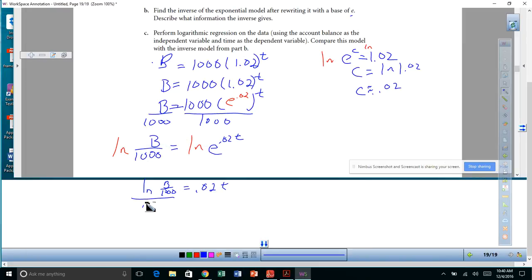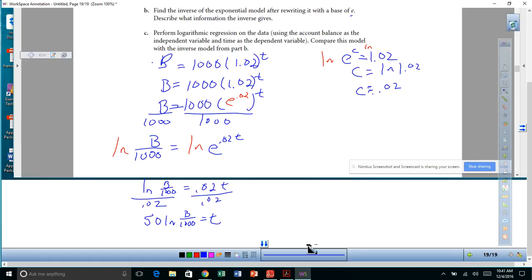So if we divide both sides by 0.02, we get 50 natural log of b over 1,000 equals t. All right, so the inverse, which gives the time it takes for the account balance to reach a certain level, is 50 times the natural log of b over 1,000.